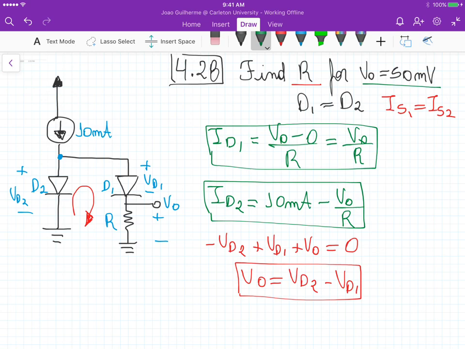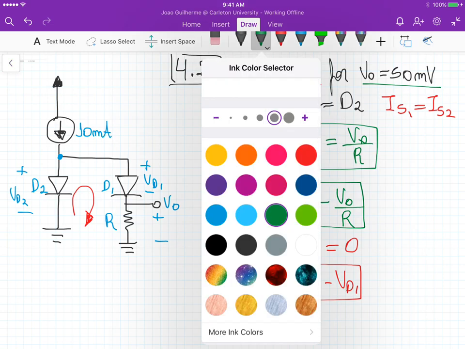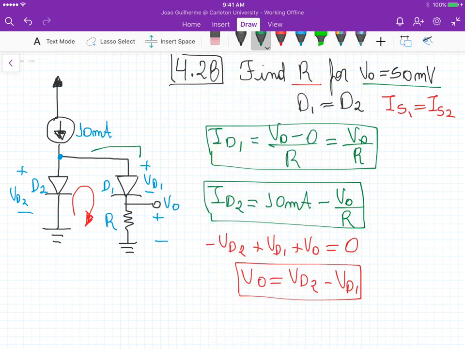The current ID1 flowing here is the same as the current flowing through the resistor. So we just take the voltage V0 across the resistor and divide by the resistance, equation 1. Then here we apply a nodal analysis: the sum of the currents entering the node should equal the currents flowing out of the node.